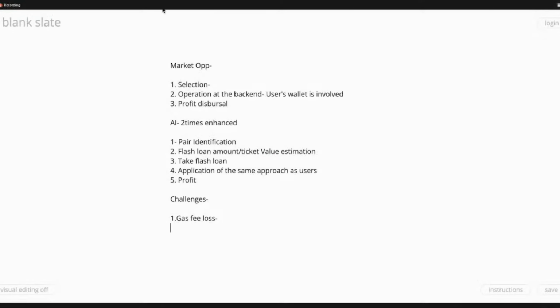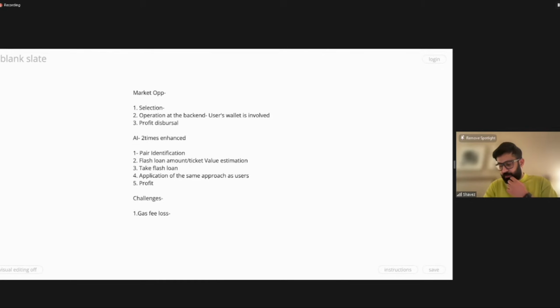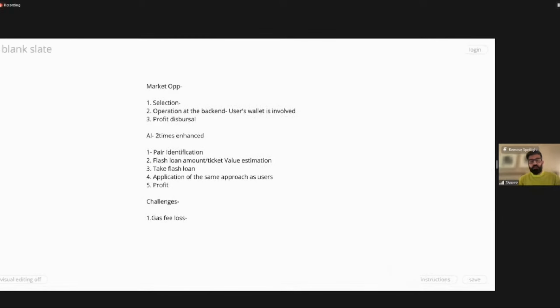So starting from the beginning, what we as a user understand about Boomerang. After using the beta version and later testing the MVP version, and also testing the AI bot, you as a user understood that Boomerang as a platform, as a protocol, operates in a few different steps.